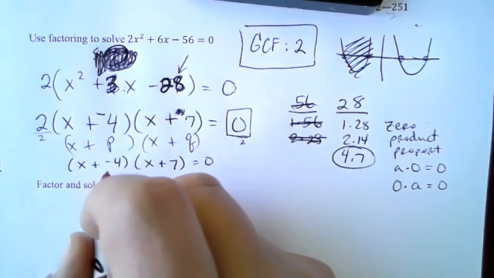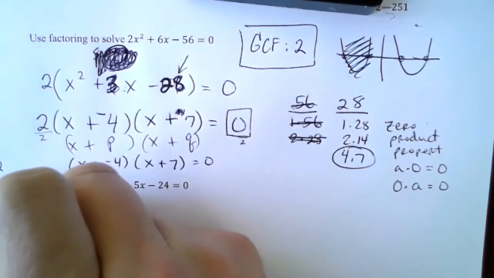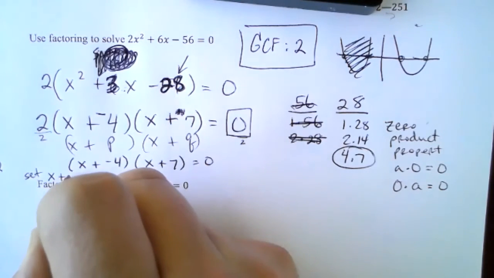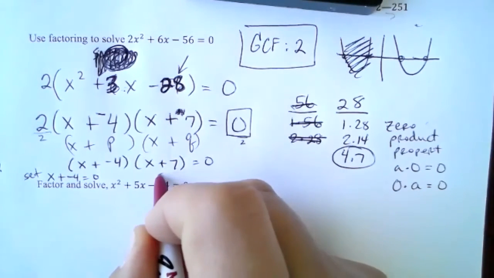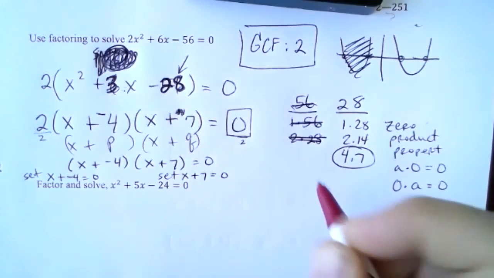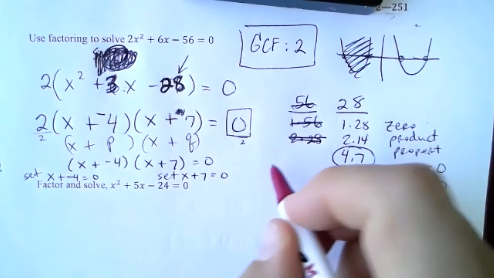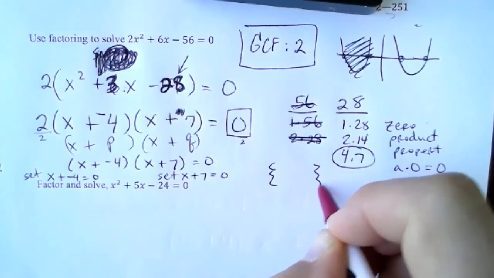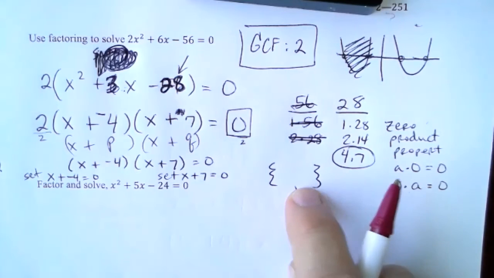Okay, in this case right here, we're going to say if this guy is 0, so we're going to set x plus -4 equal to 0. And then we're also going to set x plus 7 equal to 0. And we're going to get our 2 solutions, all right? The way you would write them out is in brackets like this, separated by a comma.